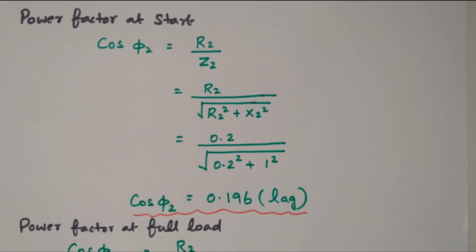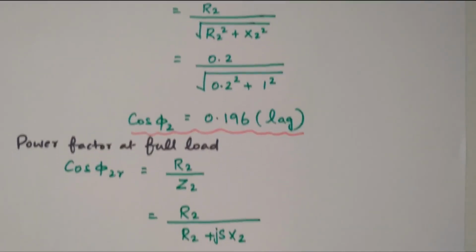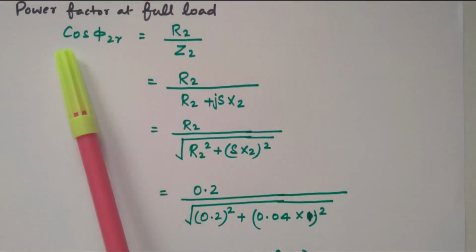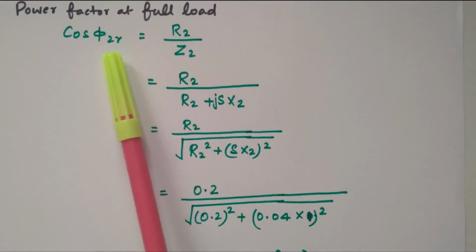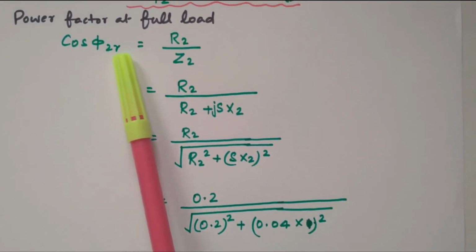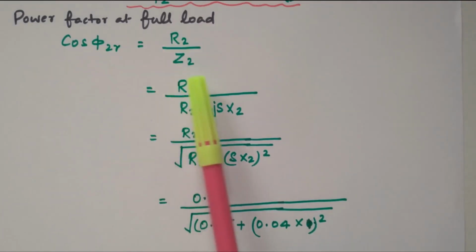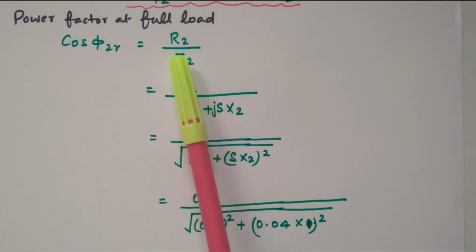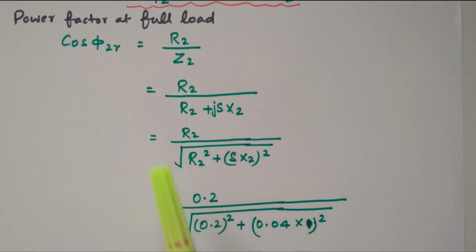Now we will find the power factor at the full load. Full load means we need to refer to the value of the slip of the induction motor. The same formula, cos phi 2R. Cos phi 2 refers to the standstill condition; cos phi 2R, where R refers to the running condition, is R2 divided by Z2. This R2 is constant, it will not vary with the slip, so it is taken as it is. But Z2, resistance plus reactance, is based on the slip; when the slip changes, the reactance also changes.